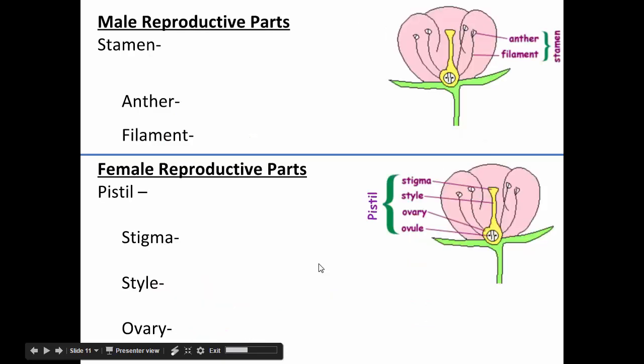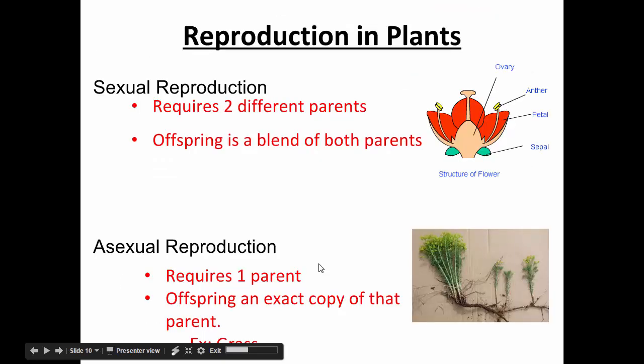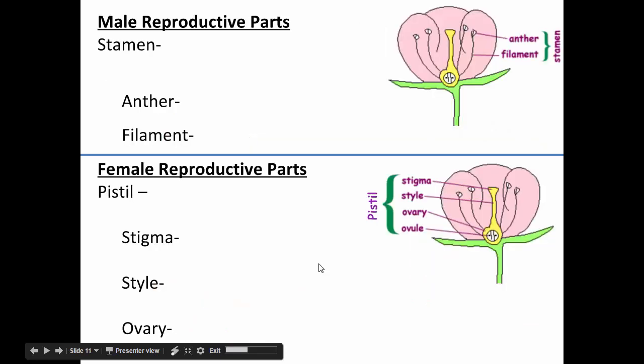So let's look at the parts of the flower. Talk about what they're called and what their function is. So often in a flower, what you'll see is there are both male and female parts in a single flower.